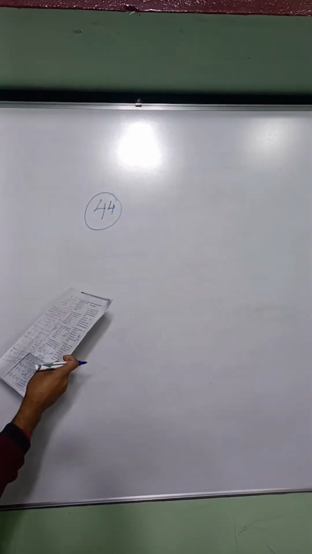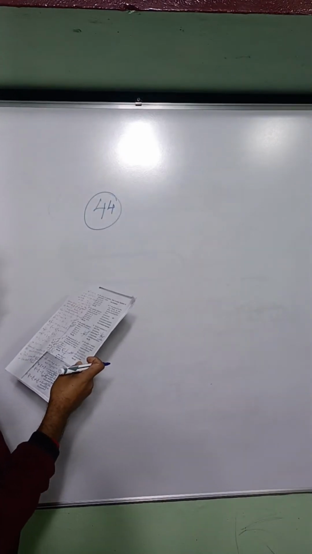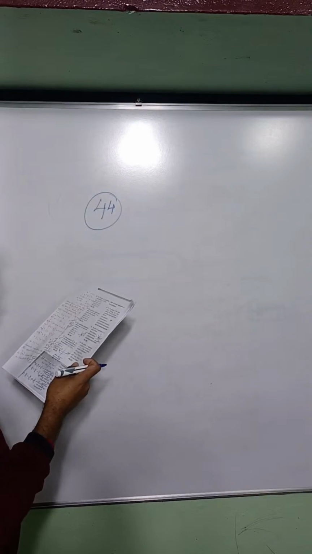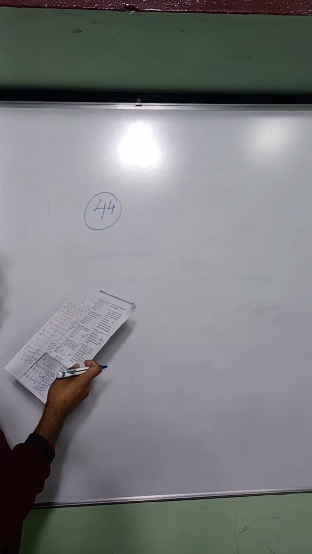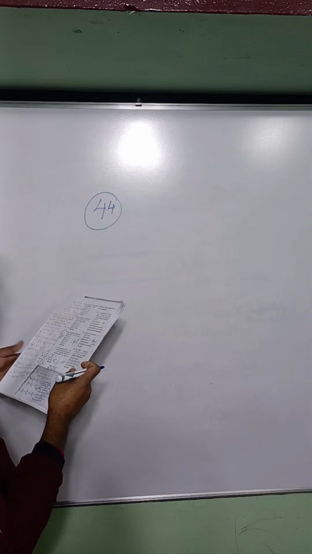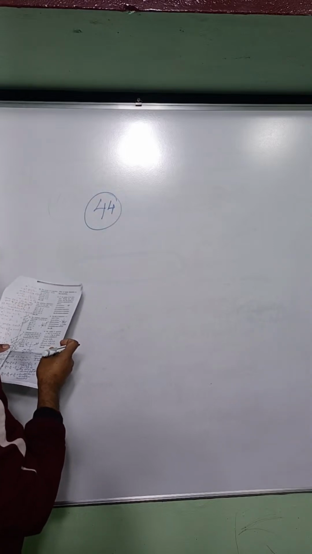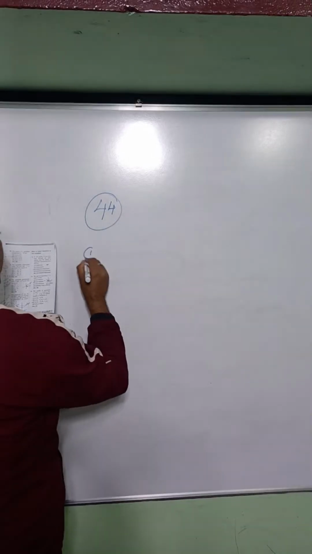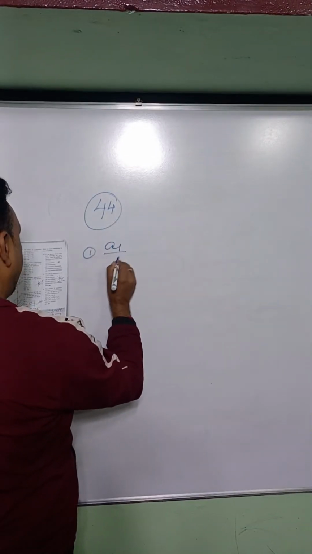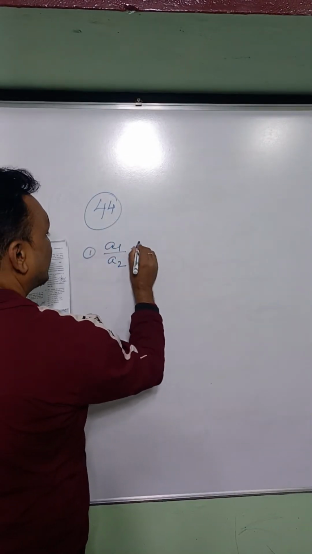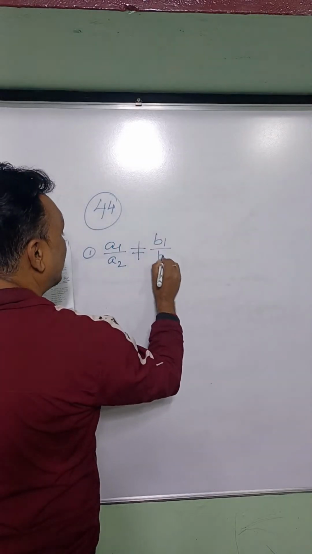System of equations. These are the two systems of equations. In the previous questions I have already explained that the system of equations has infinite numbers of solutions if, condition 1, a1 by a2 is not equal to b1 by b2.